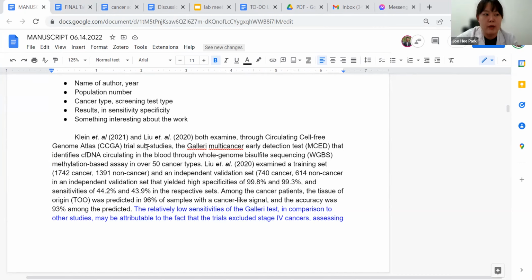And then we're going to include the results. If they have sensitivity and specificity, that's what we're going to say. If they don't, then whatever result they do present. And something interesting about the work, if there is, because some of them went further with their test to merge it with existing exams like CT scans or PET scans.